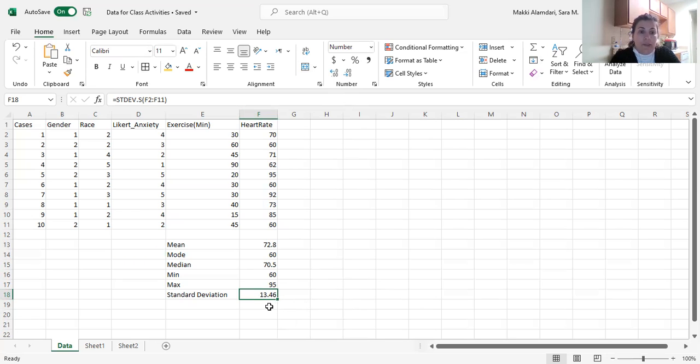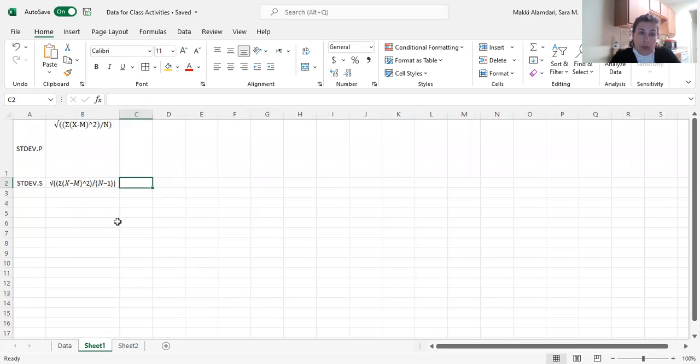And what's the difference between standard deviation for population or for sample? If you remember the formula for standard deviation, in the common formula that we usually use, which is for sample, we divide the sum of squared deviations by n-1, which is the degrees of freedom.